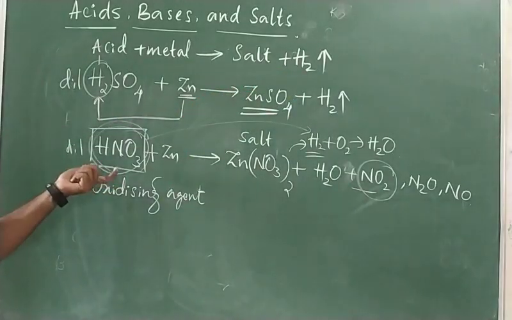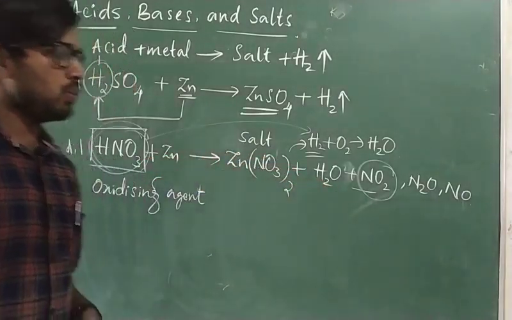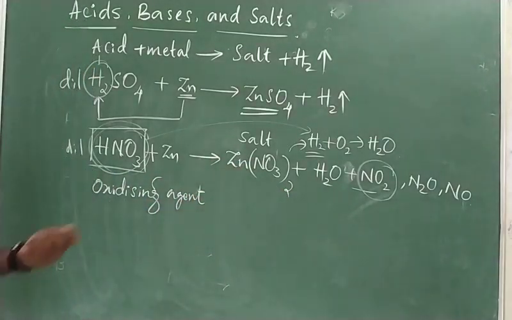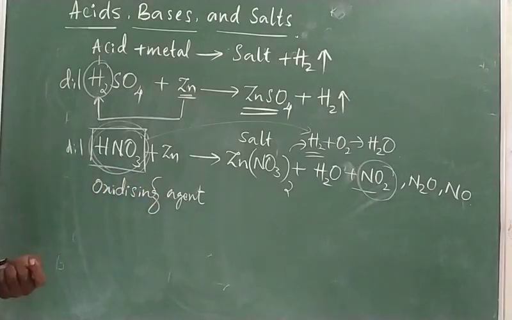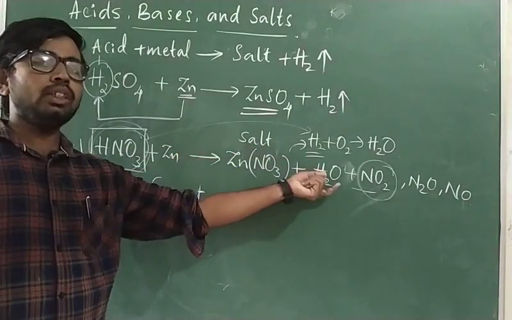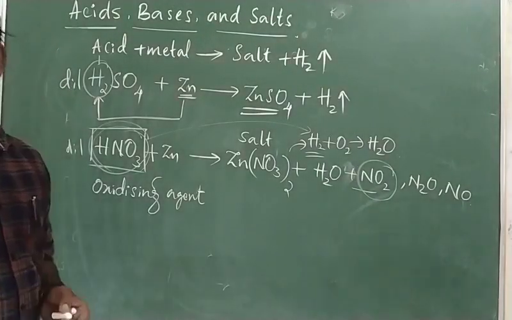But in the case of nitric acid, instead of hydrogen gas, it produces water. They can ask this question in the examination, because nitric acid acts as an oxidizing agent. Hence, when hydrogen gas is produced here, it is oxidized by the nitric acid. This is going to happen.